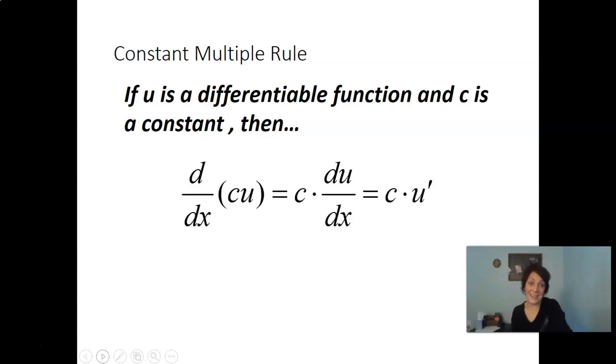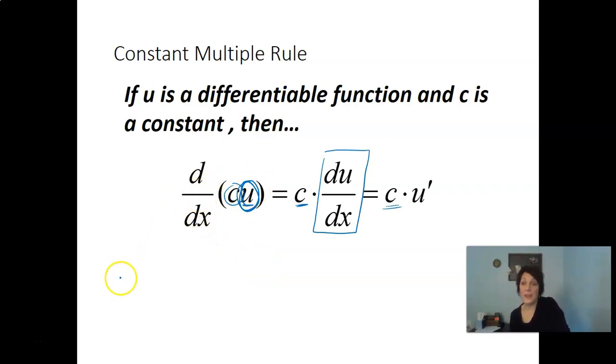This is what that looks like in math speak. It says if you have the derivative of a function, they're calling it u, multiplied by some constant. Leave the constant sitting there, take the derivative of your function, and when you're done, the constant will still be sitting there. So it doesn't matter what this is. We're going to take the derivative of it, and then we're just going to leave the constant sit there.